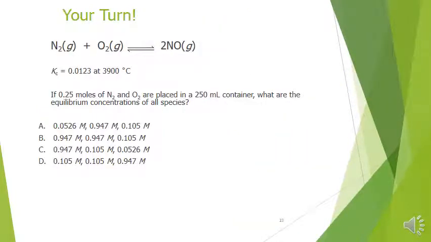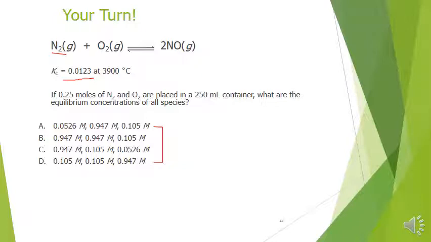So let's do another problem here. Given these 4 choices, let's see which one it is. The initial amounts are that you're given reactant, but you're given no product. You're given Kc and 250 milliliters, which is 0.25 liters.